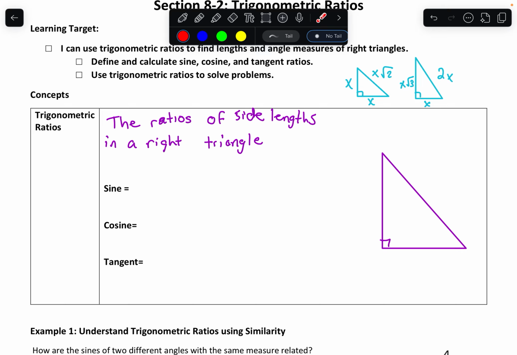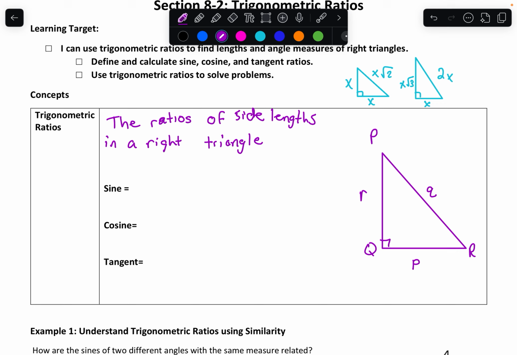So what I'm going to do here is label the sides and angles of my right triangle, and I think maybe I will call the vertices P, Q, and R. And if I called those vertices P, Q, and R, then the typical naming convention is to call the sides opposite of them the lowercase version of those letters. So I have lowercase p, lowercase q, and lowercase r as my side lengths, opposite of capital P, Q, and R as my angles.